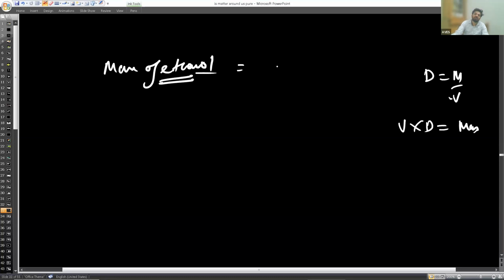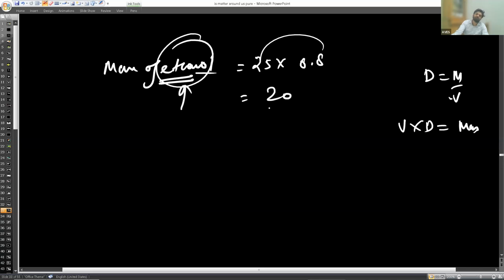You have to take the volume of ethanol and the density of ethanol, not the density of solution. If it is the mass of ethanol, the volume and density should both be of ethanol. The volume of ethanol is 25 and the density of ethanol is 0.8. If you multiply, 25 into 0.8 is 20. So the mass will be 20 gram.